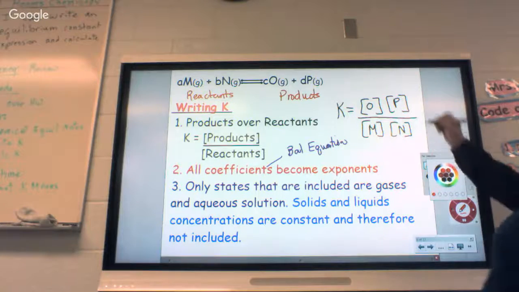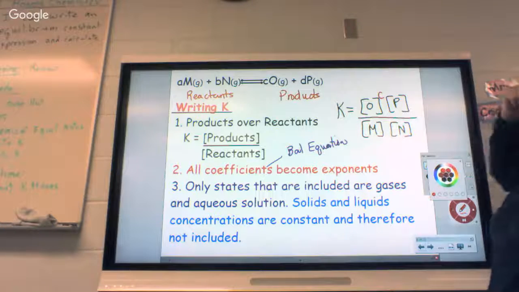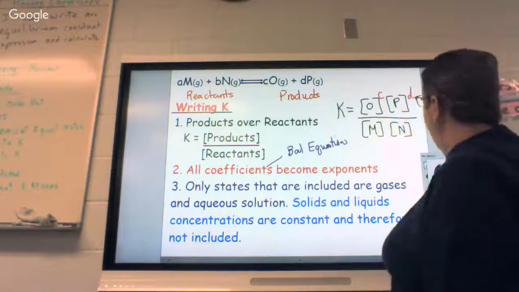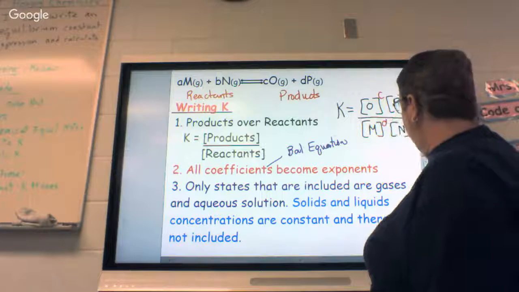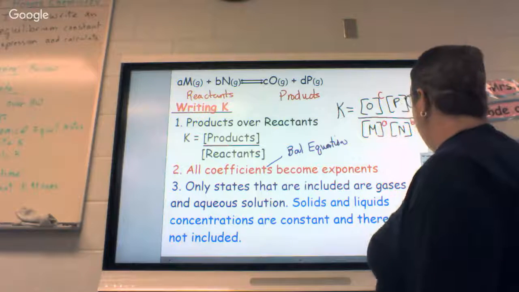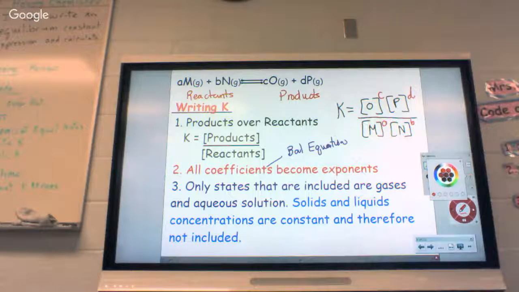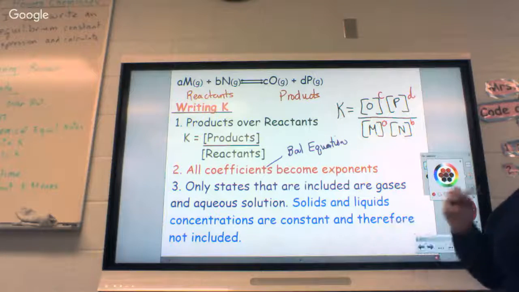So C becomes an exponent. What coefficient is in front of P? It becomes an exponent. What coefficient is in front of M? And what coefficient is in front of N? Now, if any of our states are solids or liquids, we cancel them out.